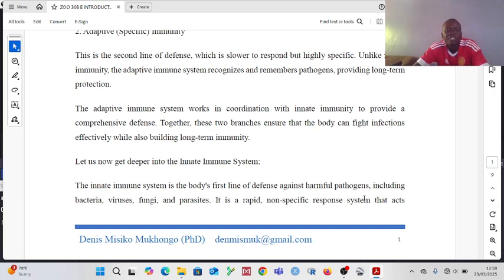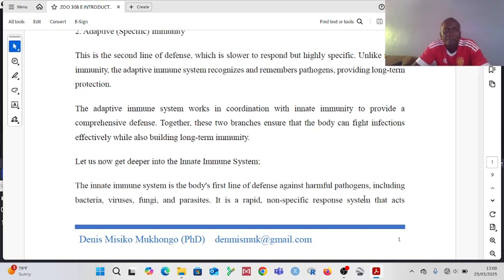So it means even if the immune system is divided into these two branches, they still coordinate. One of them is specific, the other one is non-specific. One of them acts fast, the other one responds slowly. But both of them work hand in hand, so that they ensure that your body is able to fight infections.